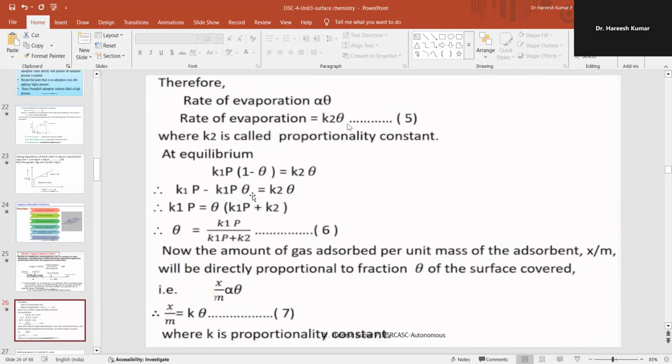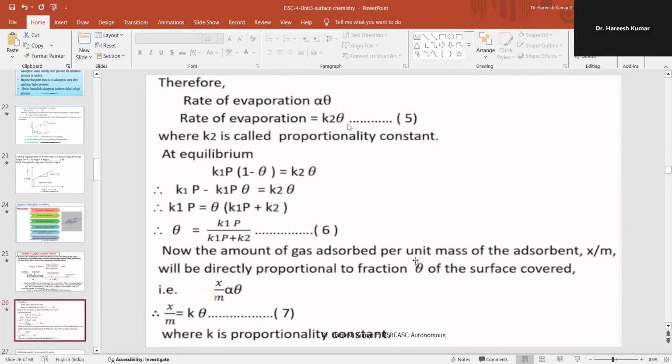K1P minus K1P theta is equal to K2 theta. Between these two, you can observe that theta is common. So K1P is equal to theta into (K1P plus K2), and sending K1P plus K2 to the left hand side, theta is equal to K1P upon (K1P plus K2). This is equation 6.